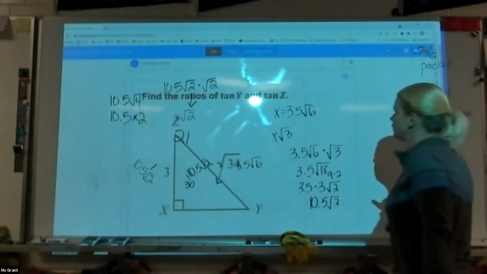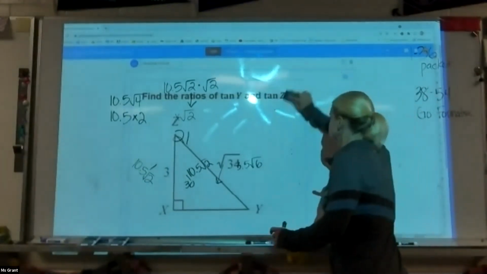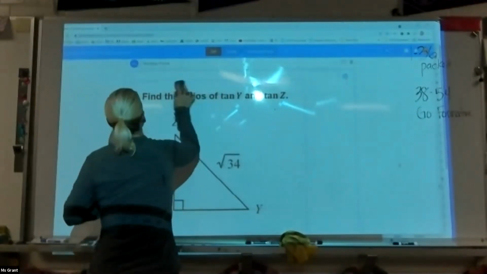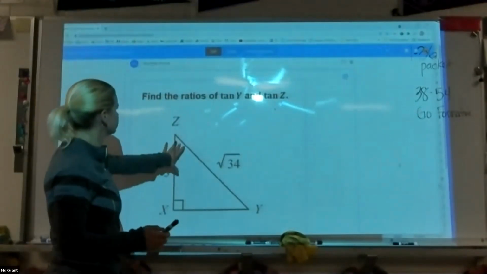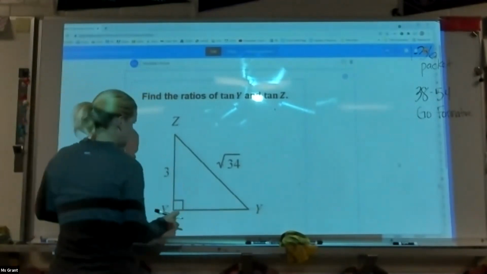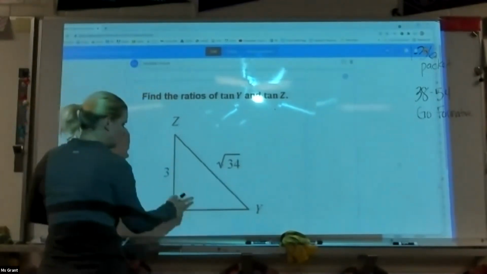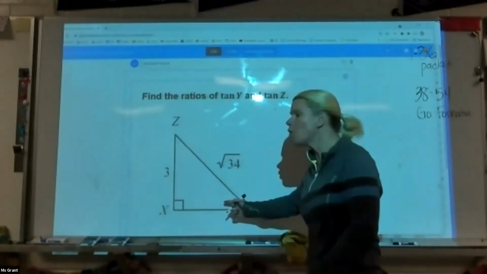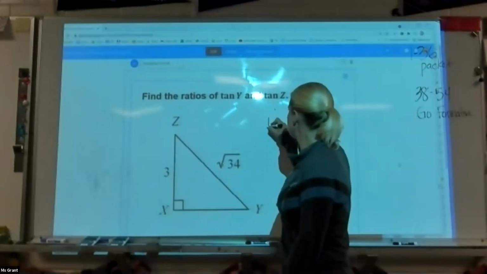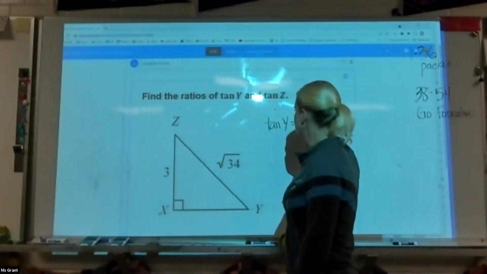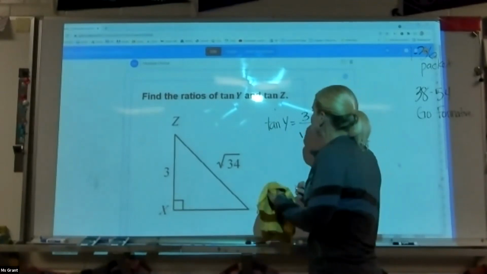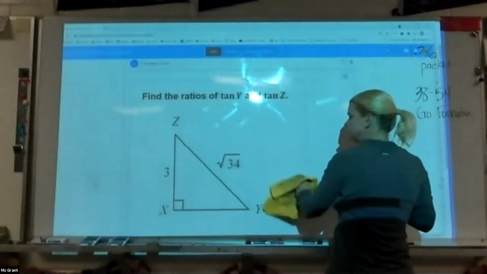Find the ratios of tan Y and tan Z. So I'm doing tangent Y, opposite over adjacent. Well, I don't know what the angle measure is. So I'm going to do tan of Y equals 3 over X. I'm going to have to do, you know what I'll have to do first?